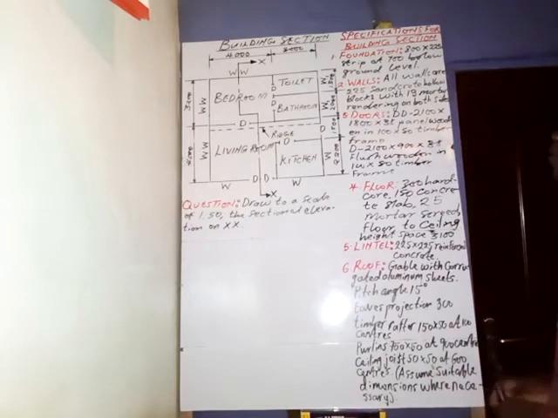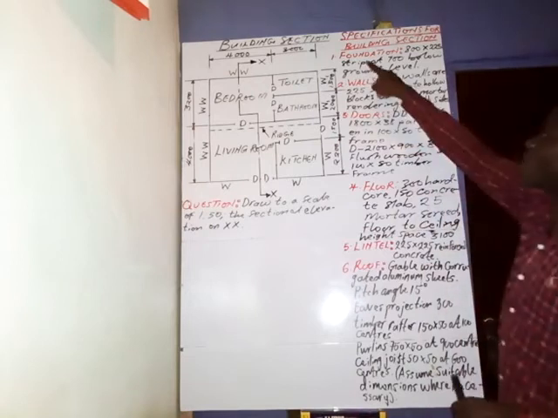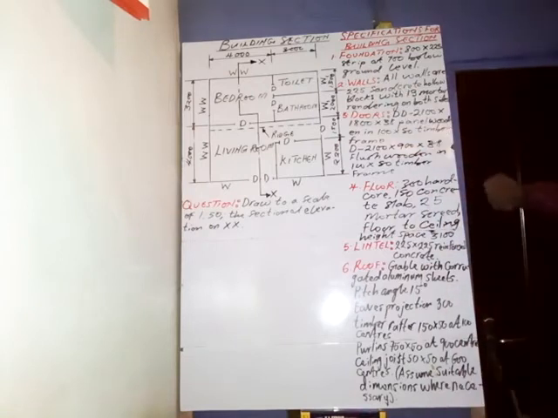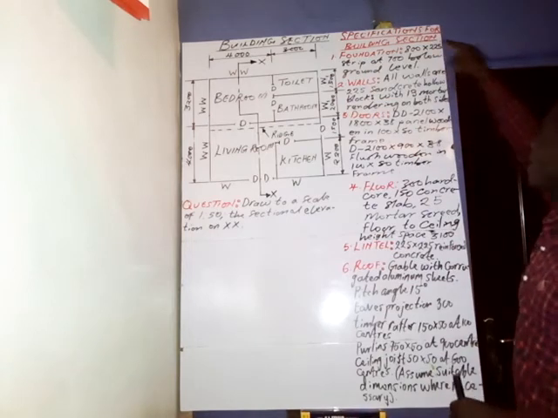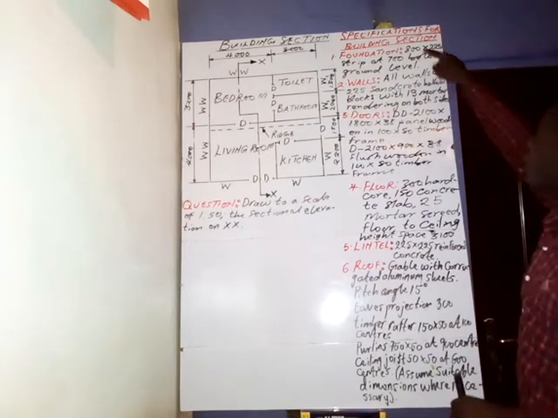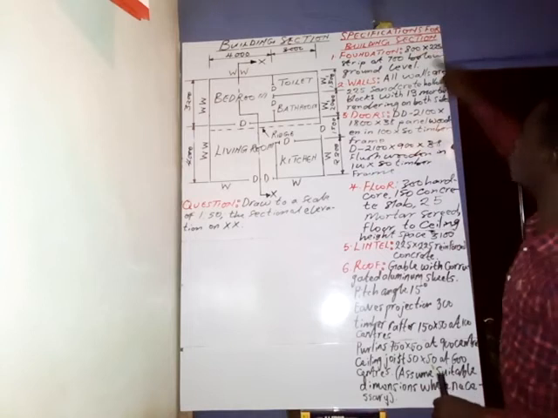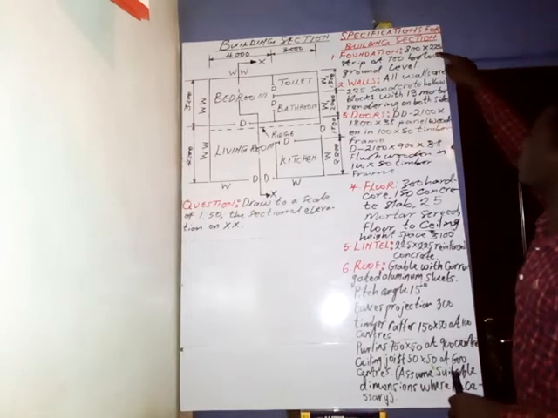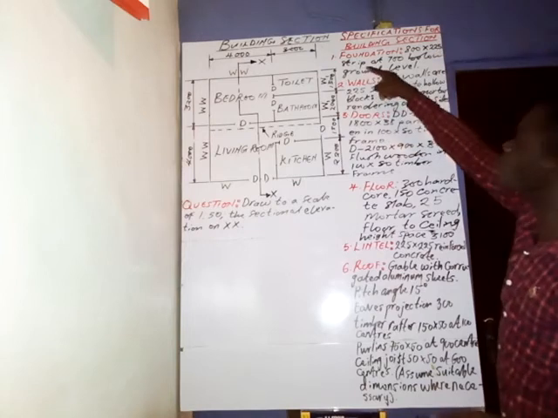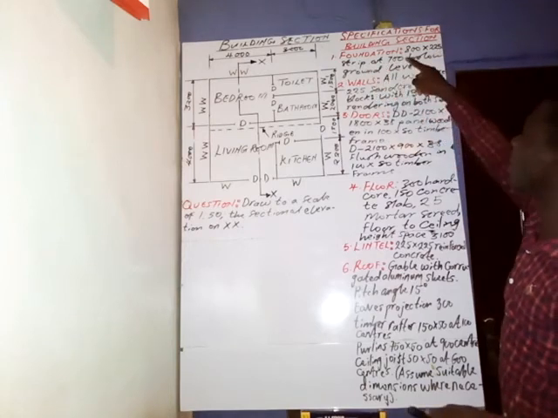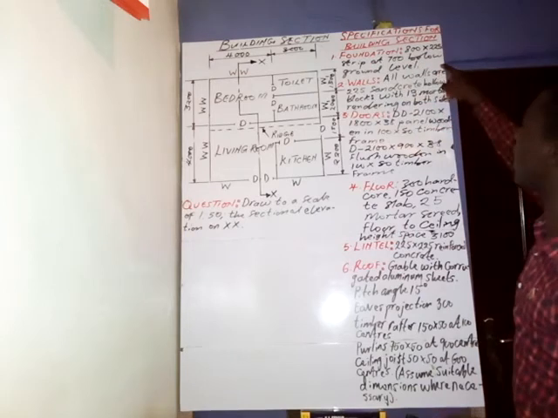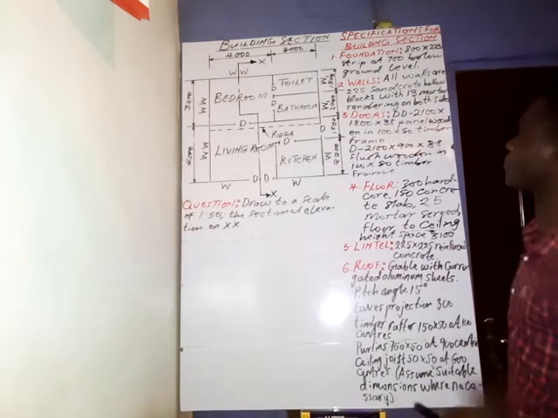As you can see on the board, number 1 is foundation. We are told that the foundation has dimensions of 800 by 225 millimeters, it happens to be a strip foundation, and the foundation is at a depth of 700 below the ground level.